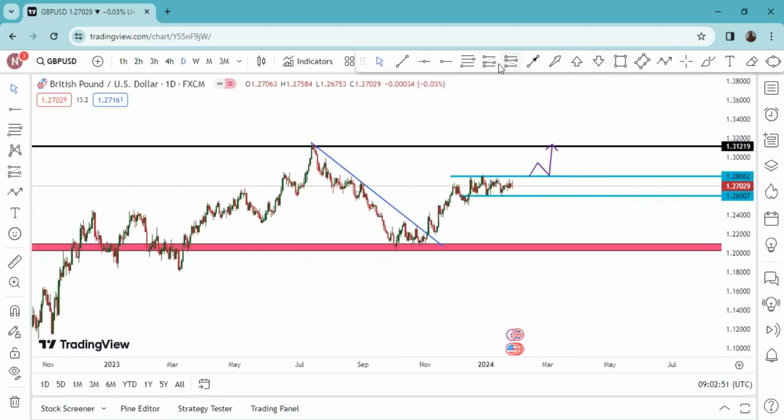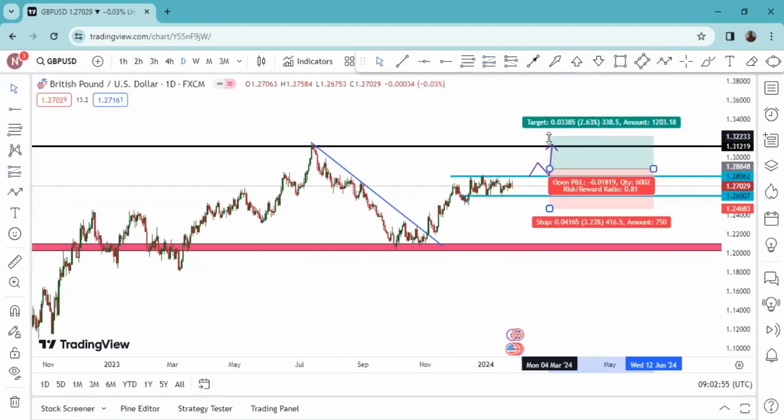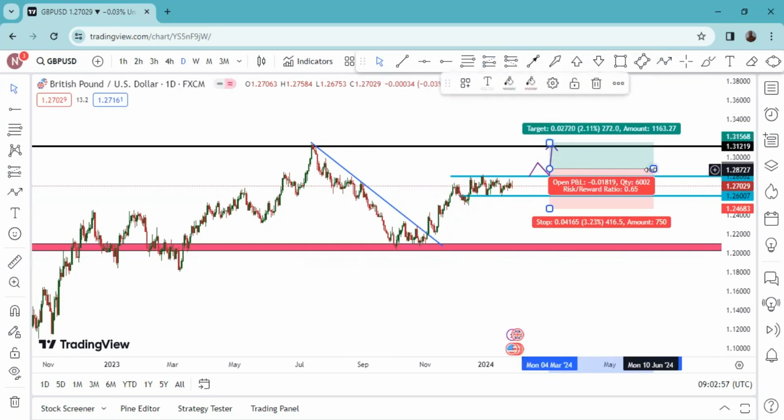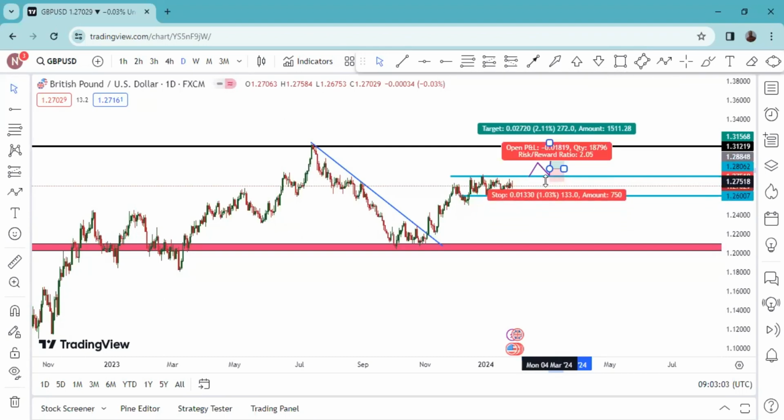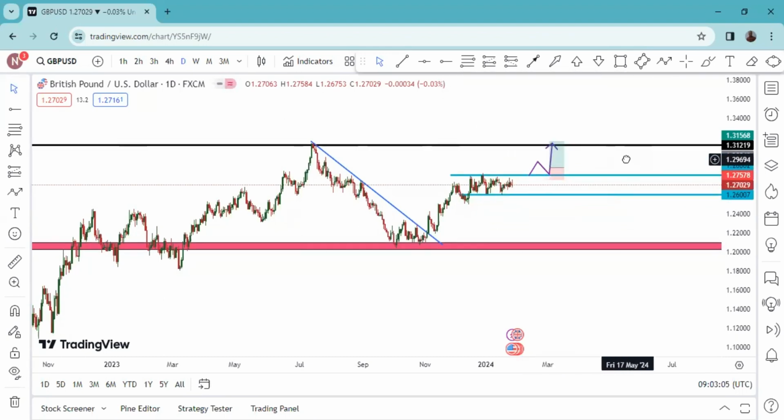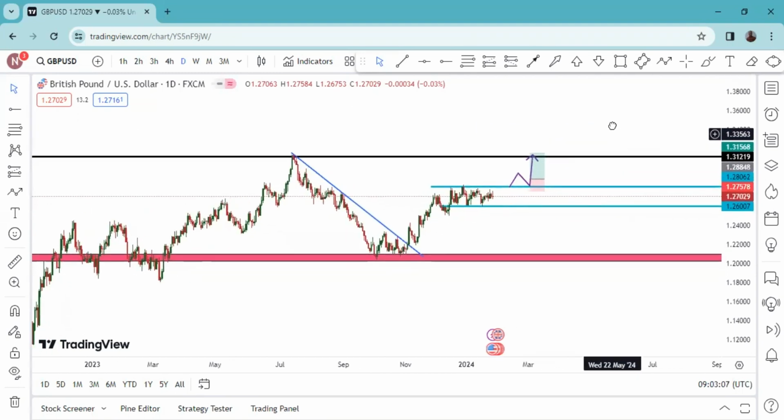So that's what I'm expecting. If the market breaks on top, I will take a buy to the top.